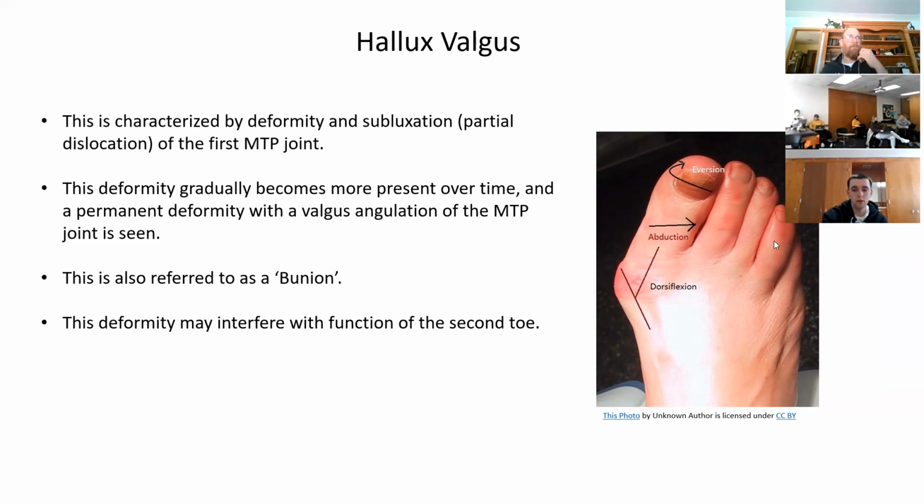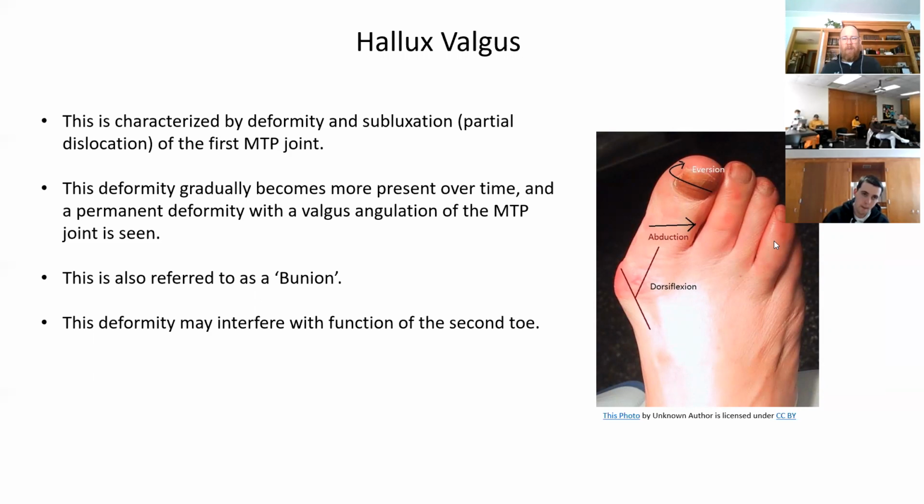Okay, here's the deal. Ultimately, generally with this deformity, this starts out as subluxation, right? Or basically chronic instability of the MTP joint, generally in adolescence. But as we grow, and as those ossification centers begin to close and the growth plates close, what we generally see is that the deformity becomes fixed, right?